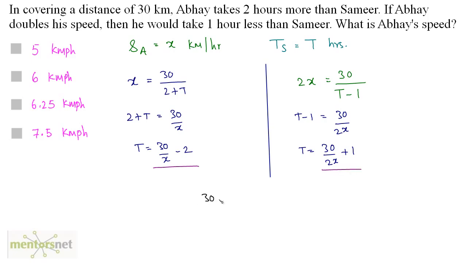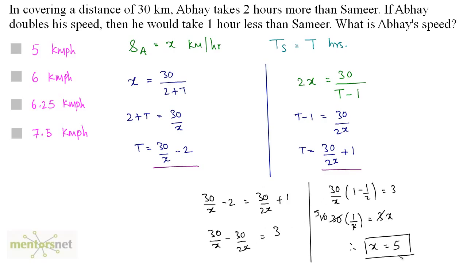So I can write 30 by x minus 2 is equal to 30 by 2x plus 1. So I have 30 by x minus 30 by 2x is equal to 2 plus 1, which is 3. On solving this, you'll get the value of x as 5. So x is the speed of Abhay, and that's what is asked. So the speed of Abhay is 5 kilometers per hour.